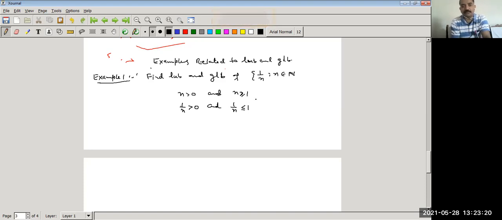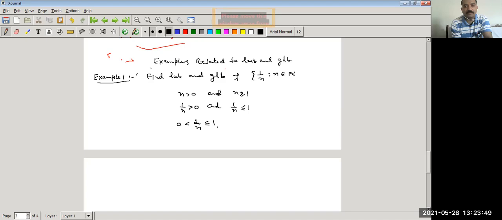And when we take the reciprocal, then the inequality reverses in case of numbers which are greater than 0. Or we can say in case of non-zero numbers, the inequality is reversed. So combining these two, we get 1 upon n is greater than 0 but less than equal to 1.